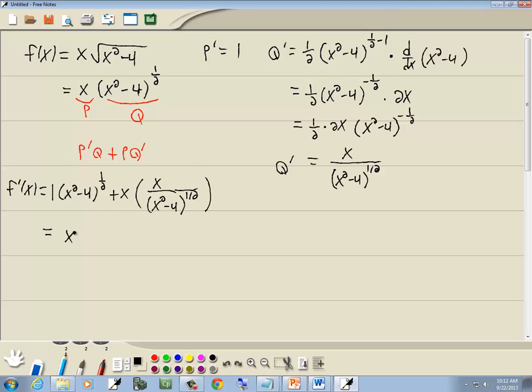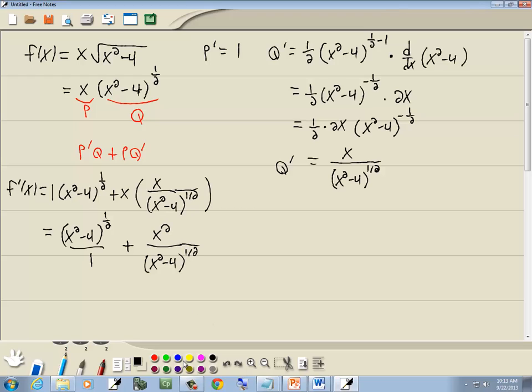This becomes x squared minus 4 to the 1/2 power all over 1, and x times x is x squared over x squared minus 4 to the 1/2 power.